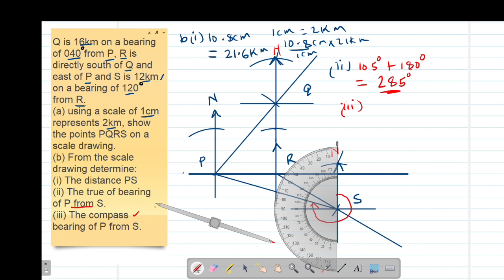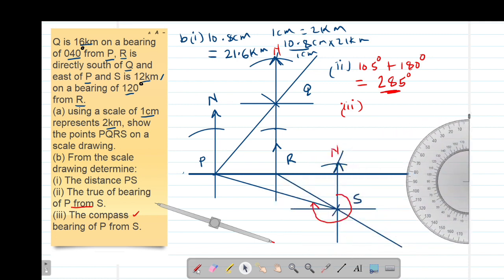Therefore, we are supposed to measure this small angle here, the angle P from S. This is the angle that we are going to record, because it is the upper angle that is in contact with the north-south line. We cannot pick this angle here, because it is in contact with the east-west line, but we need the angle that is in contact with the north-south.